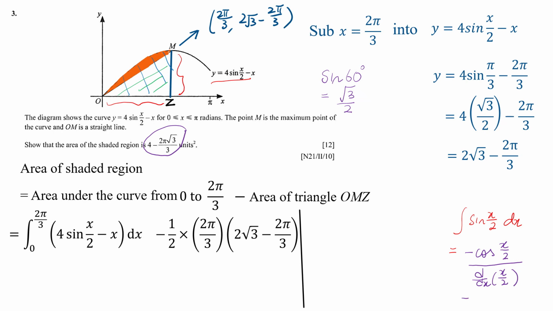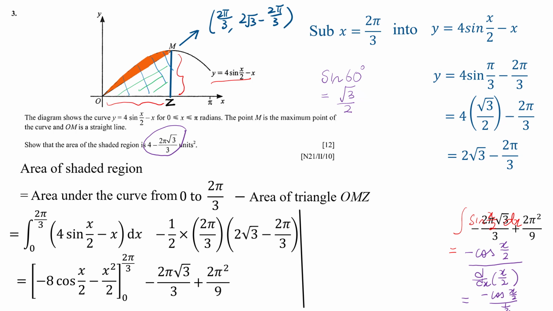So that will give us negative cosine x over 2 over half. And that gives us negative 2 cosine x over 2. And not forgetting I have a 4 here. So 4 times negative 2 will give me negative 8 here.